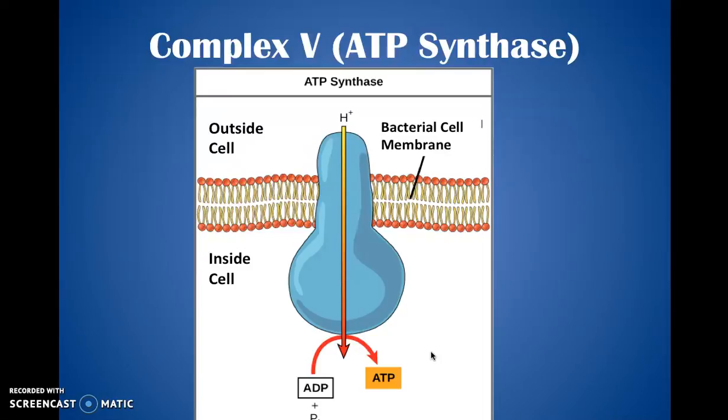And when these protons move back into the cell, it's going to turn the protein kind of like a water turbine. And when they flow through this ATP synthase, the protein is going to change conformations, and it's going to turn, and when it does this, it's going to push ADP and inorganic phosphate together to form ATP. And it will do this in large quantities.